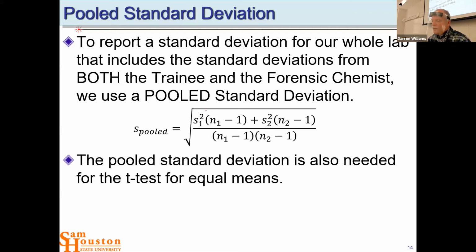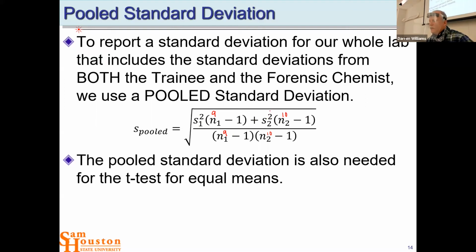If 1 is the trainee, then we have 9 minus 1 and 10 minus 1: the variance for the trainee times its degrees of freedom, and the variance of the forensic chemist times its degrees of freedom.